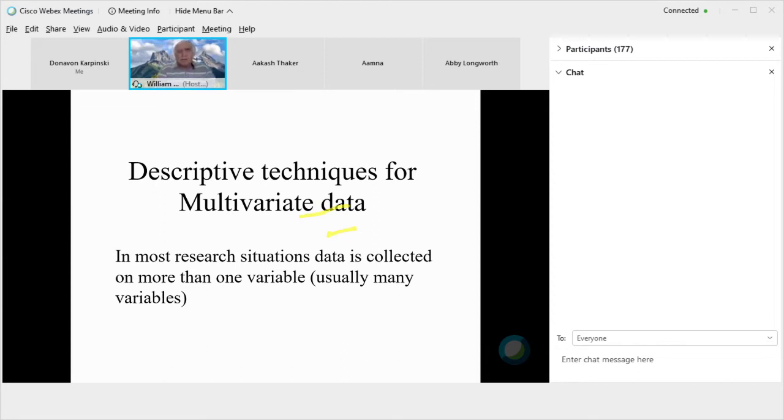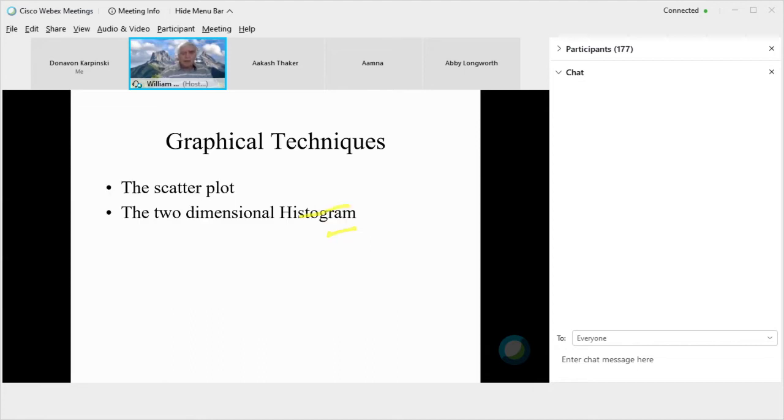Most experiments, most studies collect data not just on a single variable, but on several variables. For the graphical techniques, one is the scatter plot. This is probably the best one to use. You can also do two-dimensional histograms, but they're a little bit harder to construct.